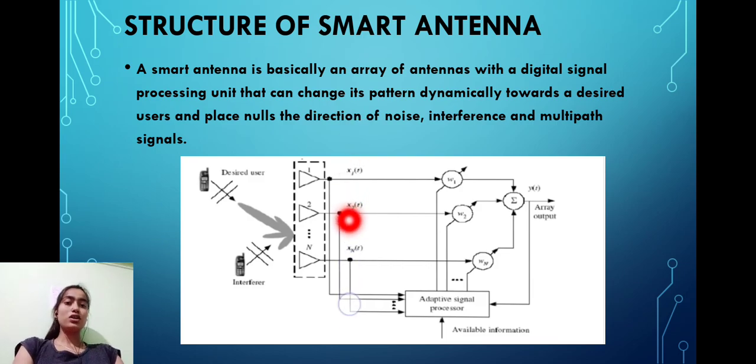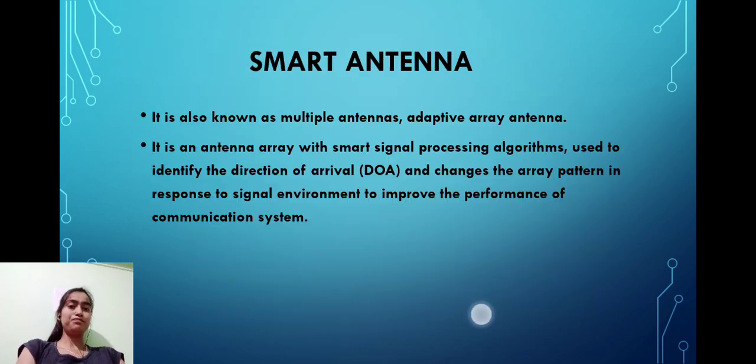X1T, X2T, XNT are the outputs of the antennas. This is the desired user, which will send the signal to the system. Antennas will receive the RF signal and convert it into alternating current. This is applied to the phase shifting network. The signals will be added in the adder and it will produce the array output. The array output and the antenna output are combined in the DSP.